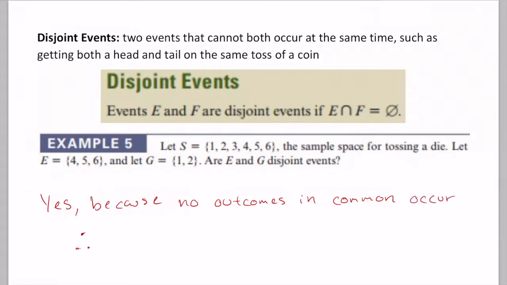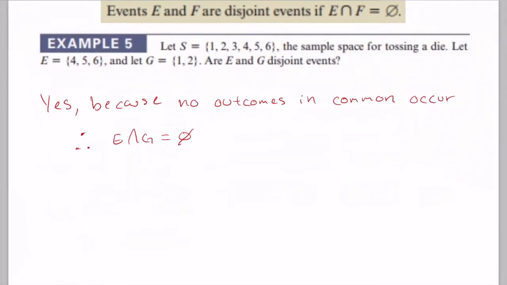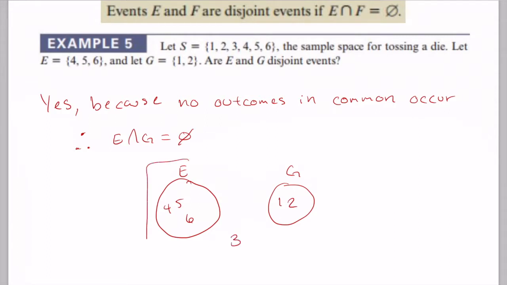Therefore, E intersection G is the empty set. And we can demonstrate this with a Venn diagram. So E, we have 4, 5, 6, and then we have G, that's strictly 1 and 2, and in my universe we still have the 3, so this is what we have.